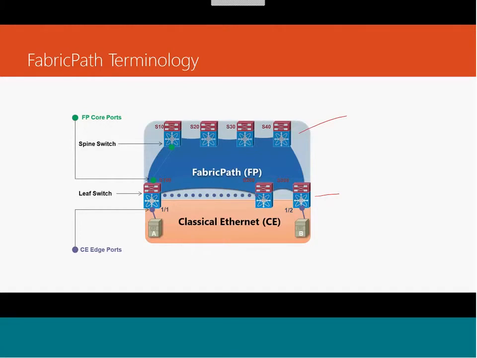These are the ports we generally talk about on the leaf switch. On the spine switches, we only have the core ports, nothing else. Within the core fabric, you run ISIS. In the classical Ethernet side, you can run STP or MST, whatever you want to run, right?